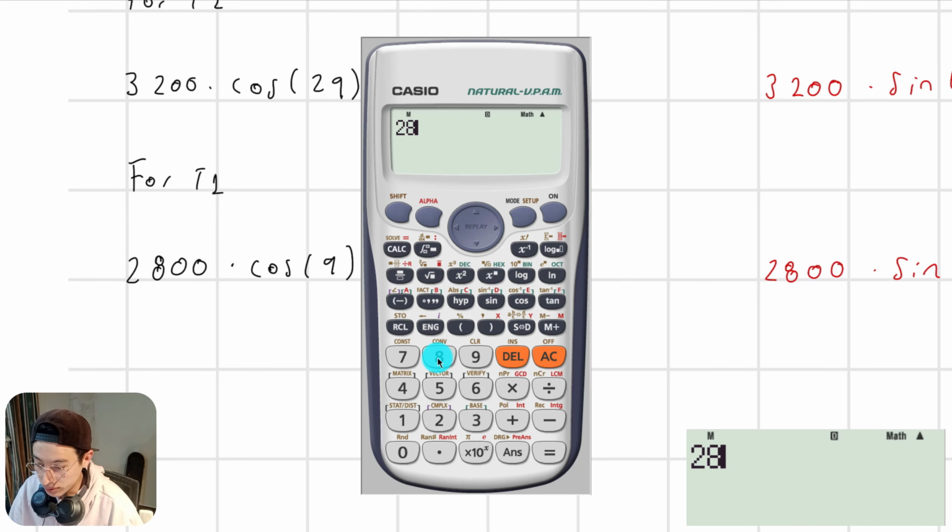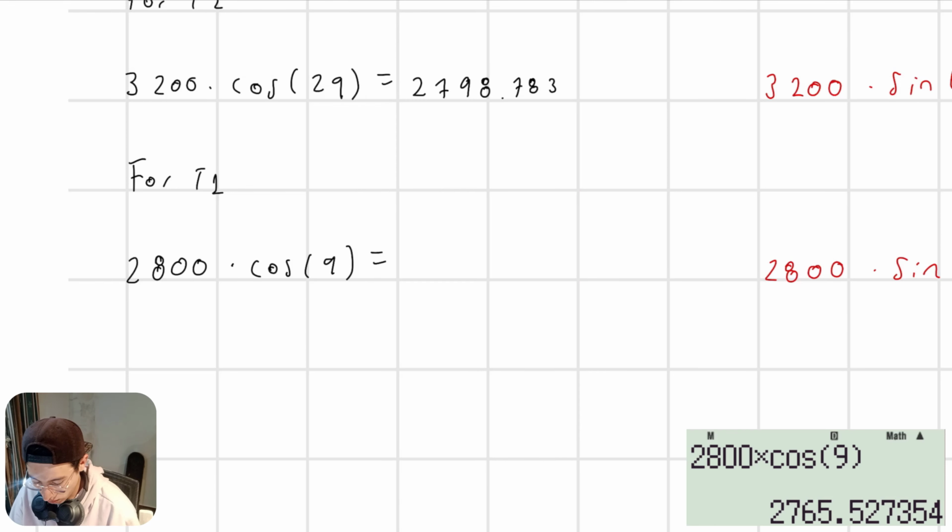Now 2,800 times the cosine of 9 equals 2,765.5273.